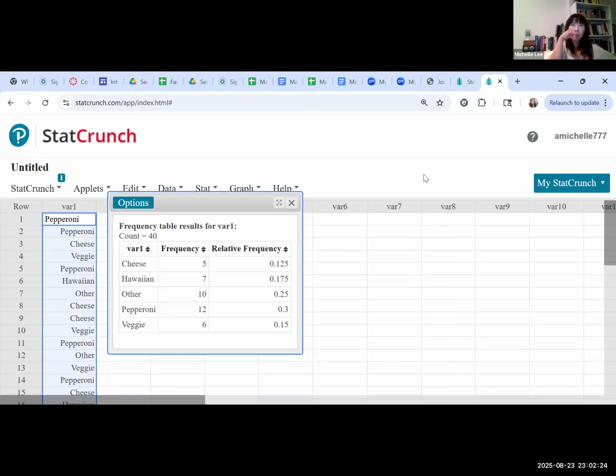Also, we can save data while we are working in StatCrunch.